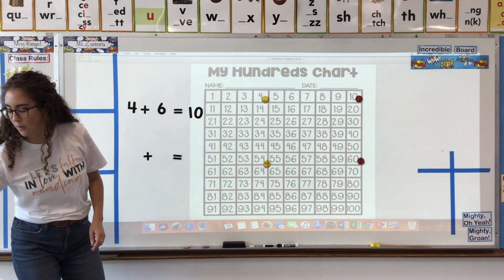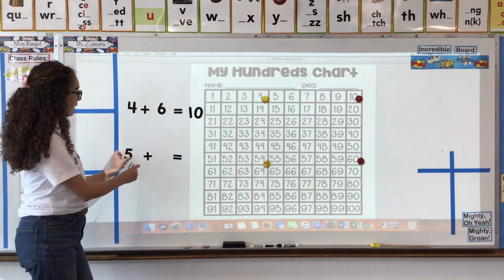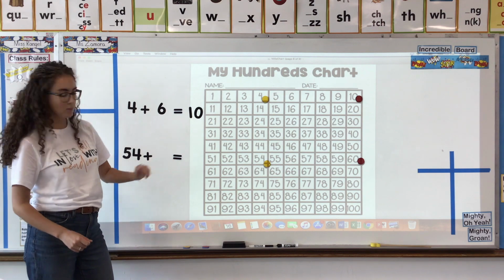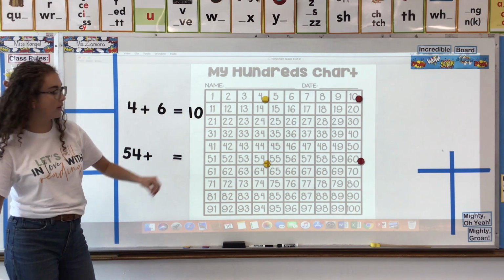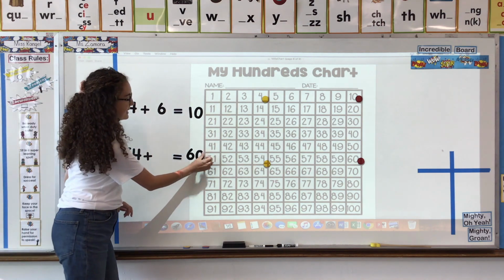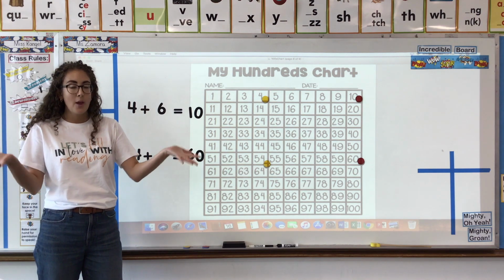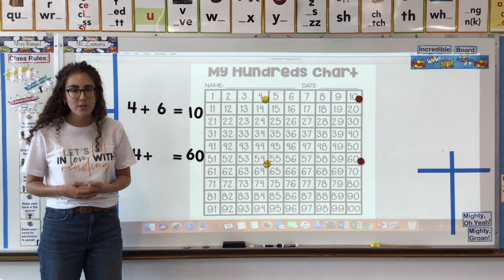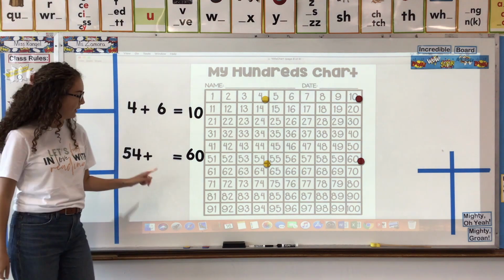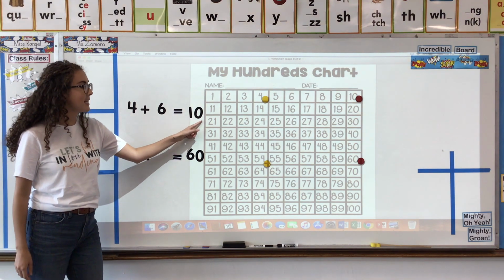So this is the equation we're trying to solve. 54 plus what equals 60? Because we know our pairs to 10. 4 plus 6 equals 10.